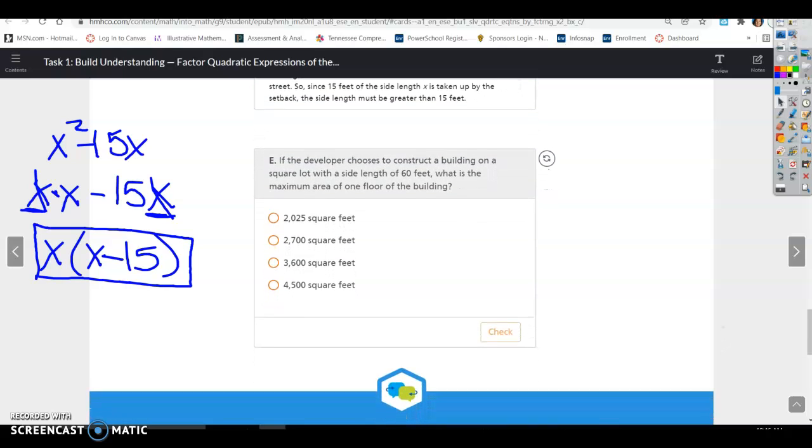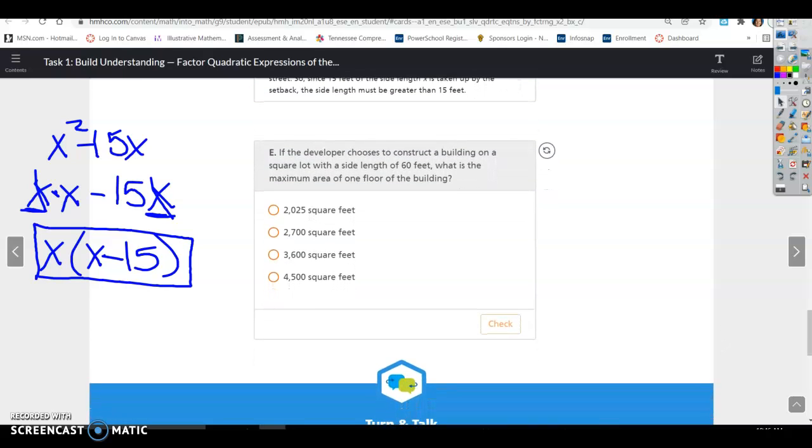All right, if the developer chooses to construct a building on a square lot with a side length of 60, what is the maximum area of one floor of the building? All right, so we can use our calculator to solve this. So what we're going to do is just simply plug in 60 for x.